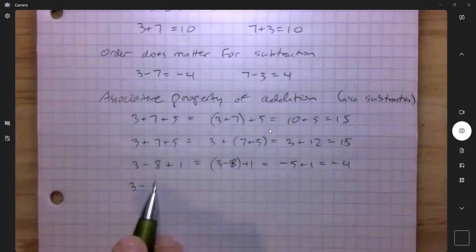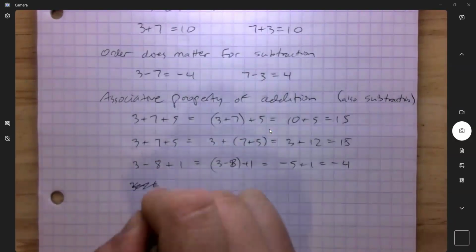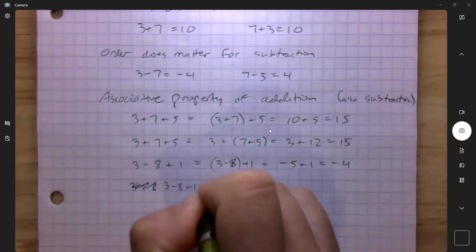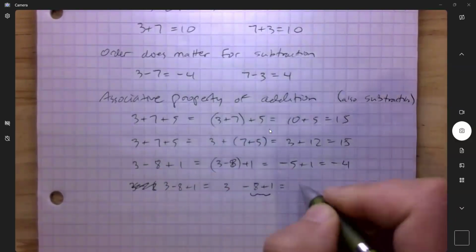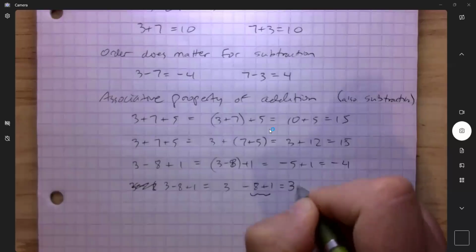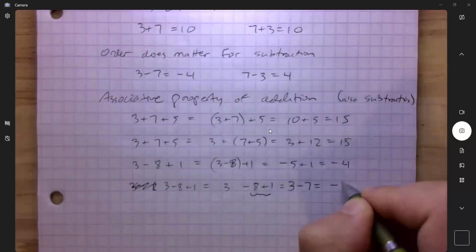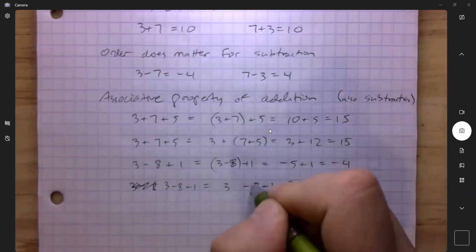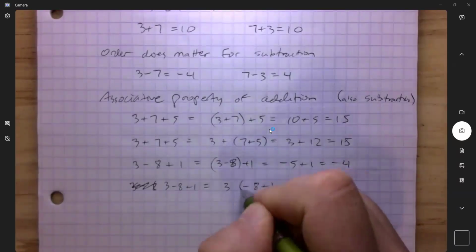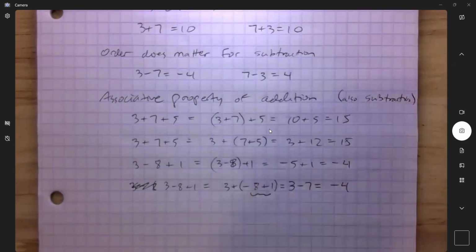I have to be a little more careful here. 3 minus 8 plus 1, I could do the minus 8 plus 1 first, which is -7. So that's 3 minus 7, which is -4. And it works either way. I have to be careful about my parentheses though, because if I am going to put parentheses, I have to put them around all of this and add an extra plus sign.